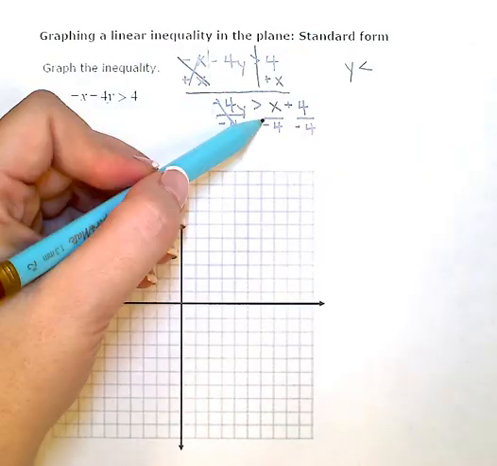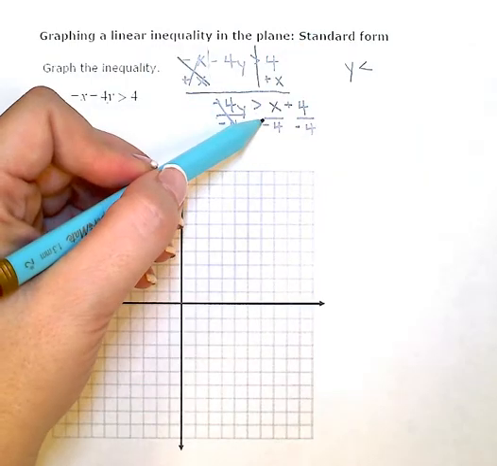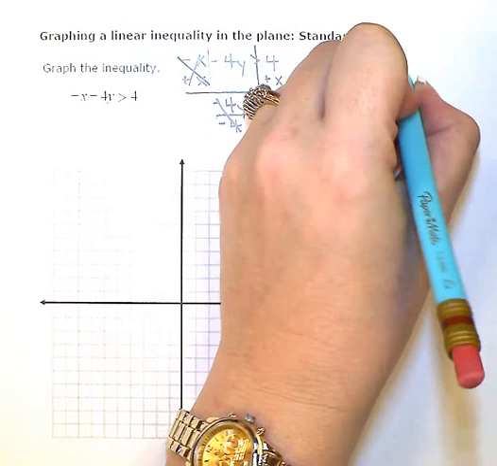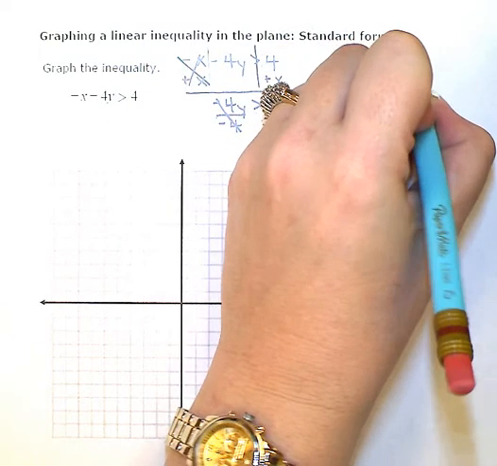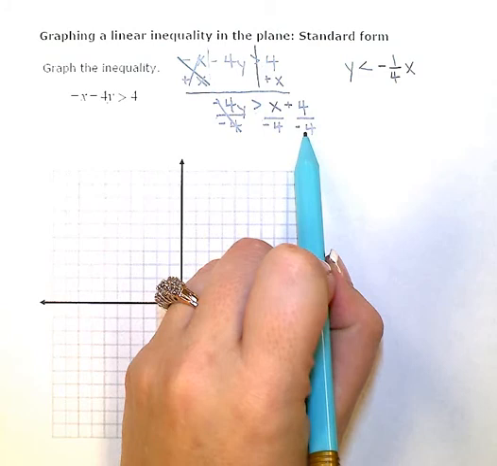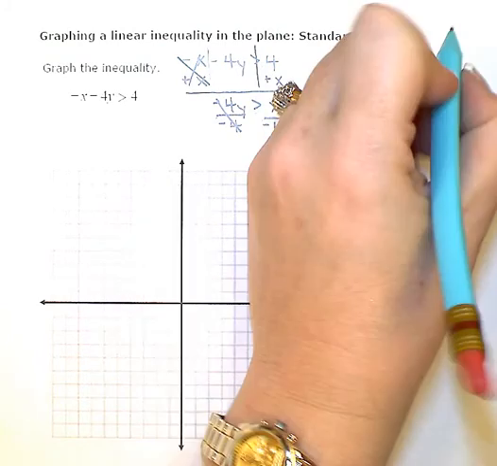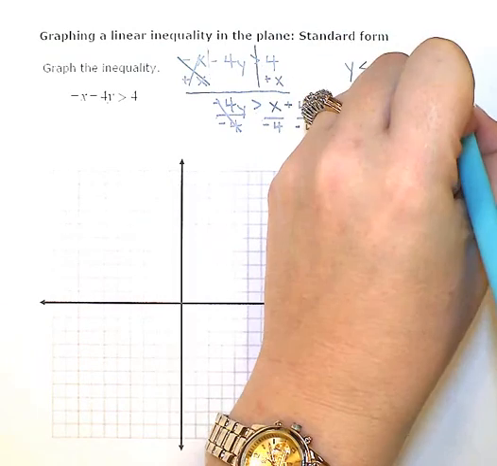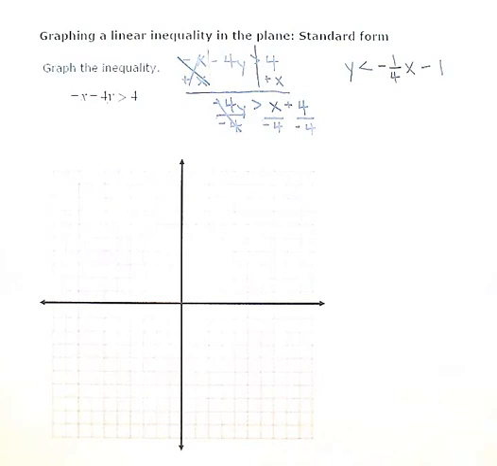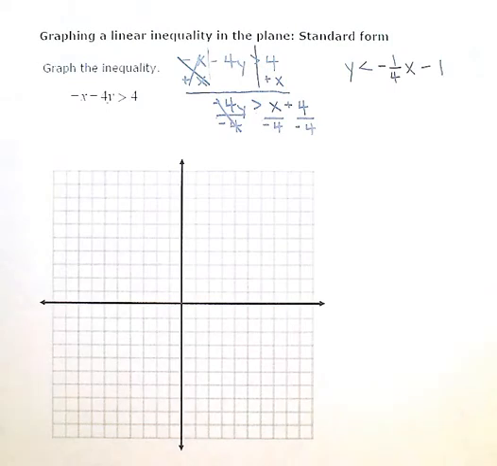I'm going to rewrite this term as negative 1/4 x, and this term, 4 divided by negative 4, is going to simplify to negative 1. So now I have my inequality rewritten in y, not y equals form, I guess, because we have an inequality, but I've isolated the y, or solved for y, in my inequality here.